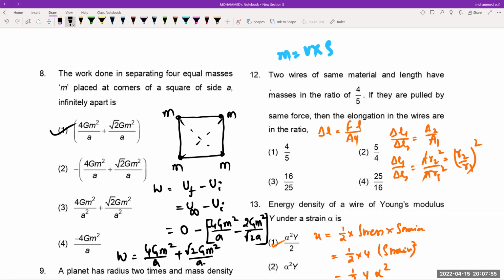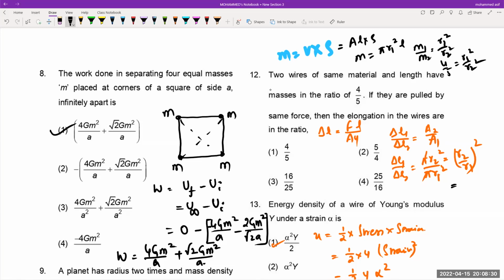So volume is equals to A into L into rho. यानी mass will be equal to pi into R1 square into L into rho. डेंसिटी तो कैंसिल हो जाएगी, तो अगर मैं m1 by m2 में लिखूं, m1 by m2 will be equal to r1 square divided by r2 square. Masses दे रखा है in the ratio 4:5, यानी 4 by 5 is equals to r1 square by r2 square. यानी r2 by r1 कितना बन जाएगा, उसका उल्टा बन जाएगा ना बेटा.